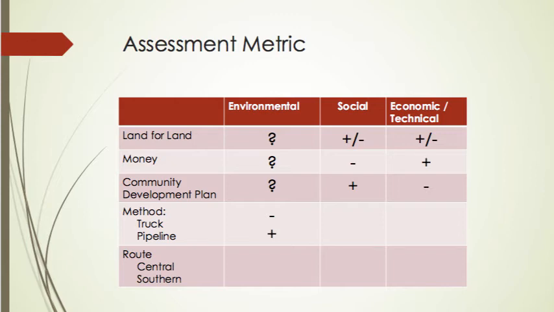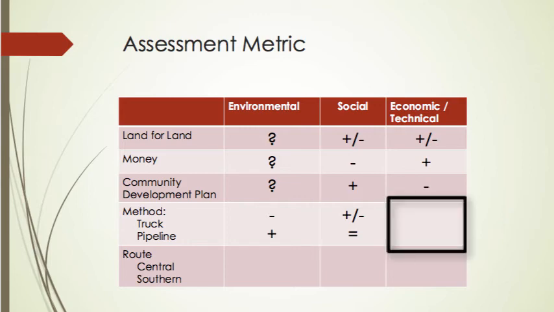Well, if trucking is chosen, there may be some positive aspects because transportation in the area would be improved, which would seem like a good thing, but there may be some negative aspects with that as well. So the pipeline option is probably neutral as far as social impacts is concerned. So I've nixed the trucking option because there are pluses and minuses there, and I put an equal sign as a mark of neutrality socially for the pipeline option.